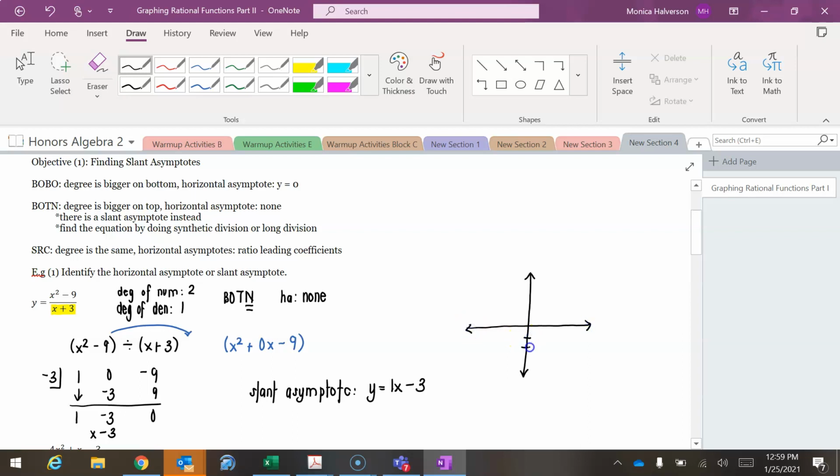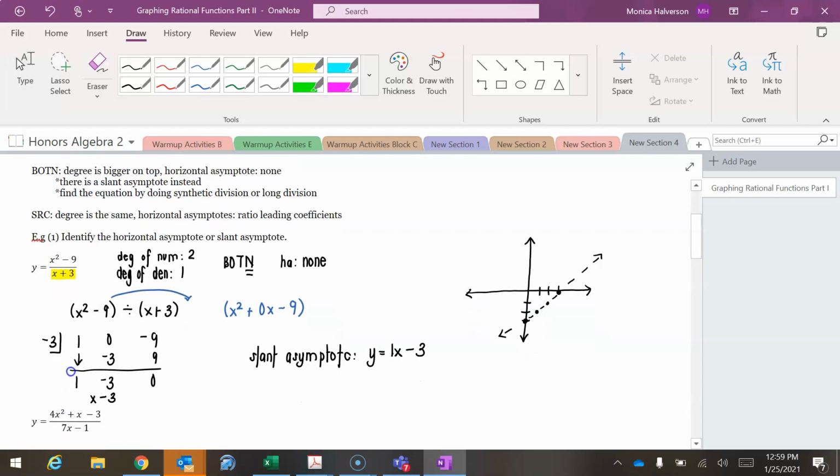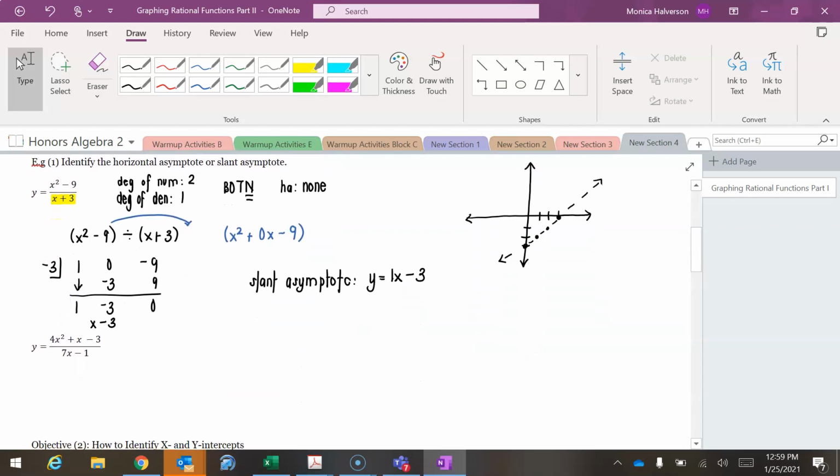We would start at negative 3 and go up 1, right 1, up 1, right 1, up 1, right 1, and connect it with dotted lines because it's an asymptote. Here we're putting multiple concepts together. So what I would like you to do is identify the horizontal or slant asymptote from the next example. y is equal to 4x squared plus x minus 3 all over 7x minus 1.